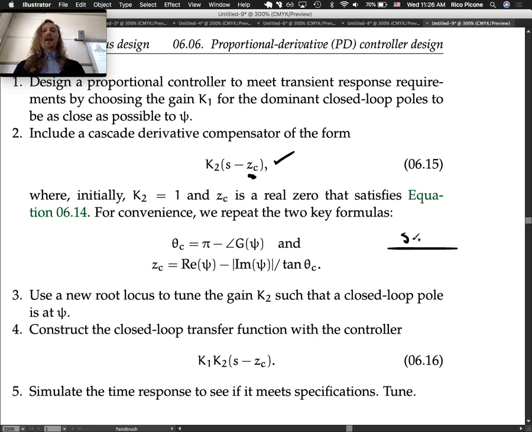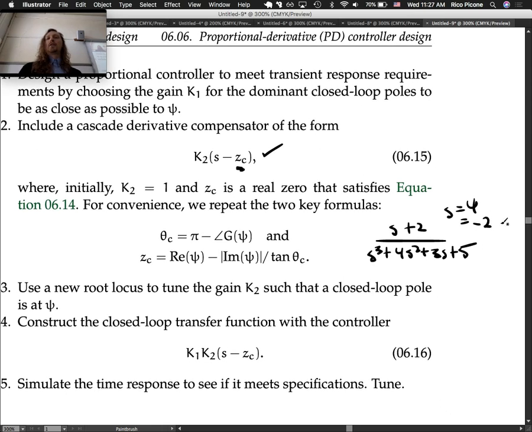So you could have S plus 2 divided by S cubed plus 4S squared plus 3S plus 5. And if you want to evaluate that at psi, say S equals psi equals -2 plus j5, that's where you want your closed loop pole to be.